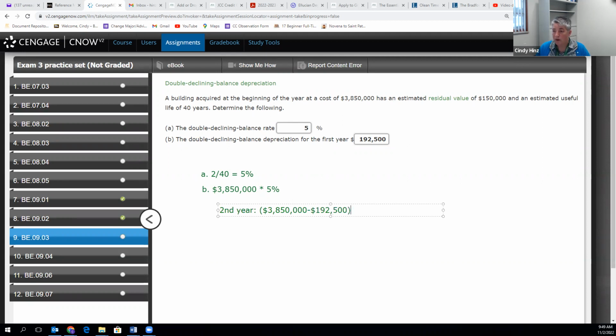At this point, we've reported only 1 year of depreciation at 192.5, and we're going to report 5% of that remaining value as the depreciation for the second year. So 5% of that carrying value. In the second year, we would report $182,875 worth of depreciation. Still quite a bit, but less than the year before, because each year as we report new depreciation, the carrying value comes down.